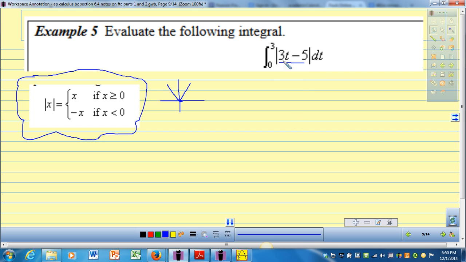So I want to know where the vertex is for the absolute value of 3t minus 5. Well, to do that, I want to see where the argument inside 3t minus 5 equals 0.